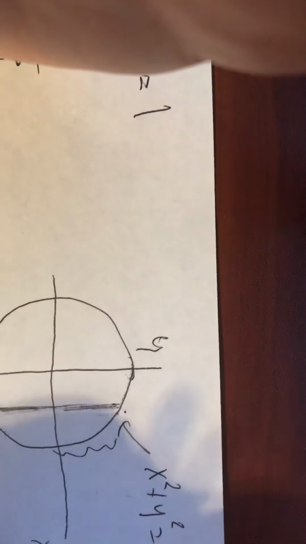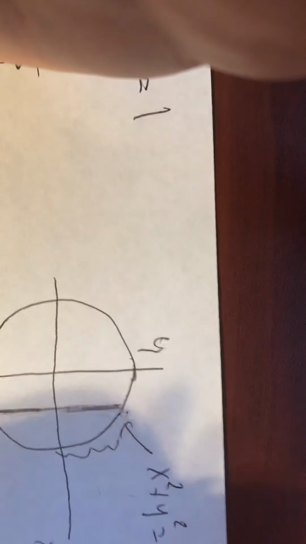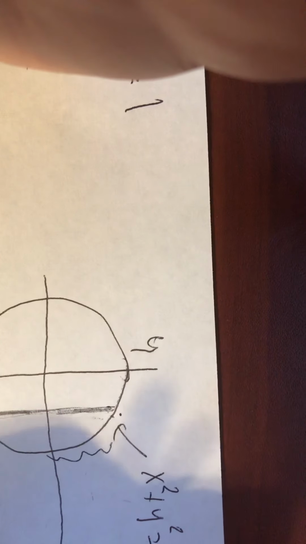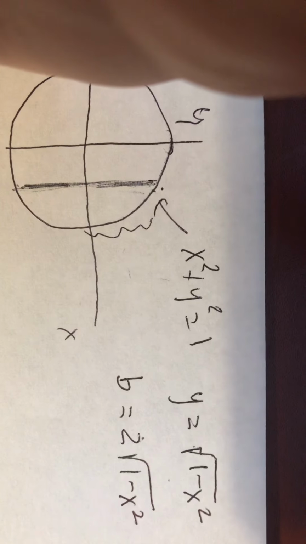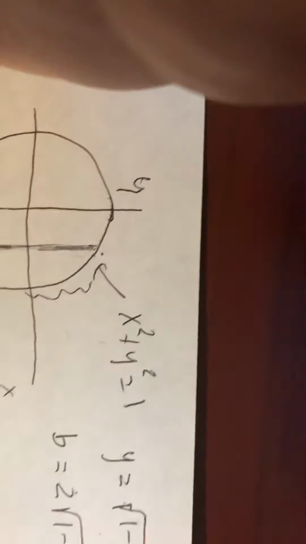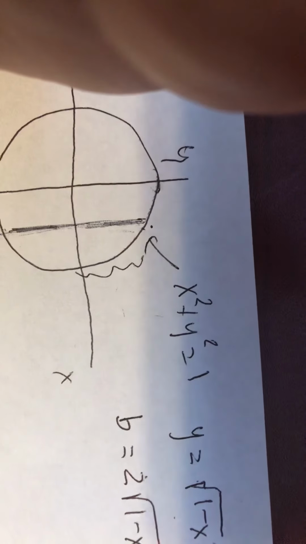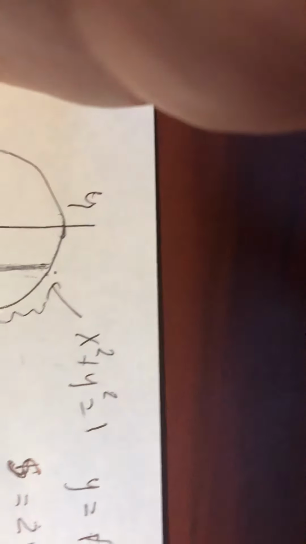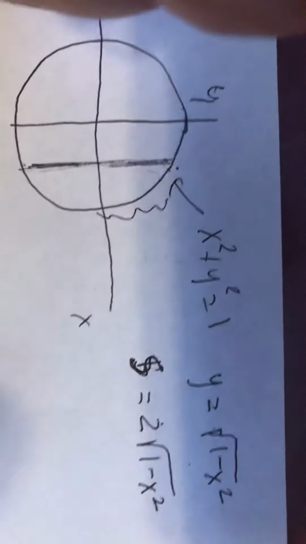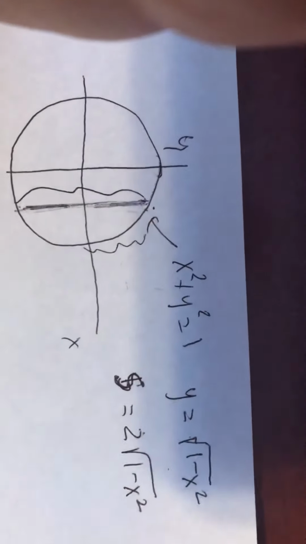So the length of my base is 2 times the square root of 1 minus x squared. Okay, and I believe that's what my side length is for my s. S is that. That's the length of each side of my equilateral triangle.